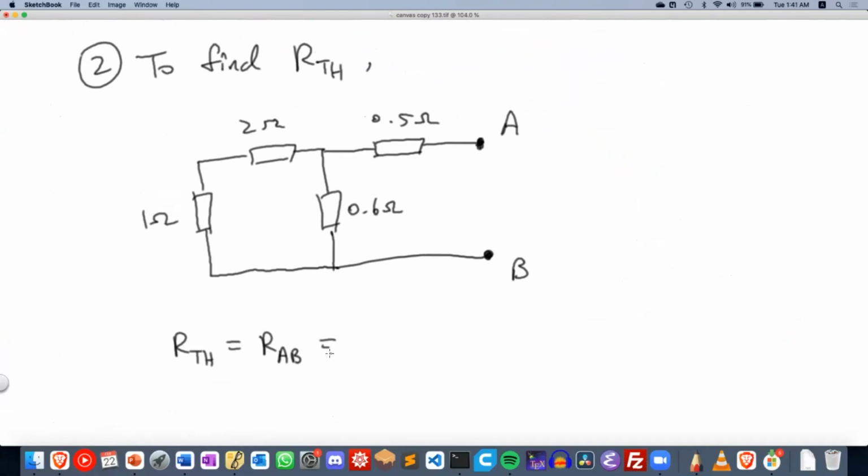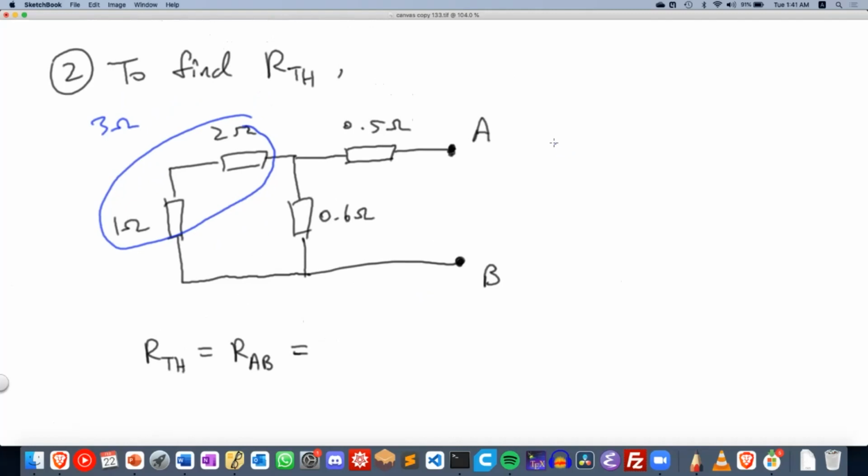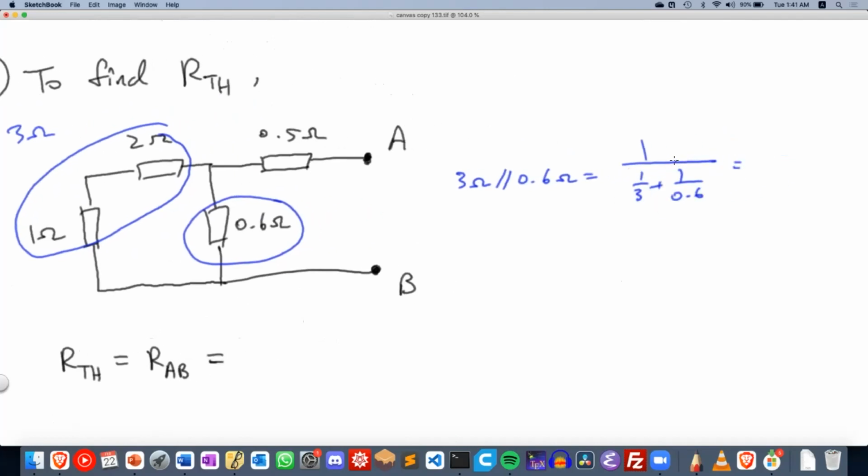So what's that going to be? Now we just do our effective resistance calculation. We know that these two give us 3 ohms, and then we have another 3 ohms. We take the 3 ohms and parallel it with the 0.6 over here: 1 over 3 plus 1 over 0.6 gives 1 over 2, so 0.5 ohms.